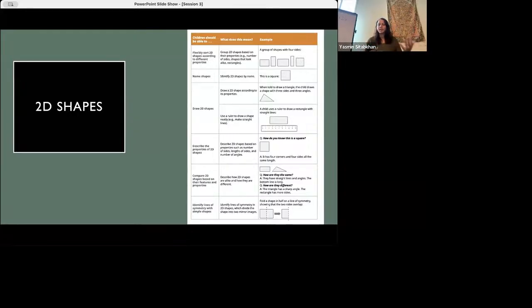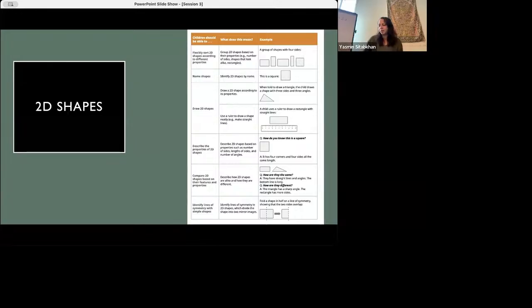So they learn how to sort them. You could even say, let's put all the shapes with sides, or shapes where we don't see sides, right? You could do different types of things.